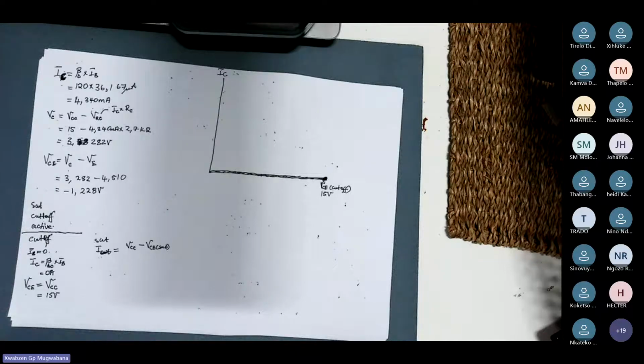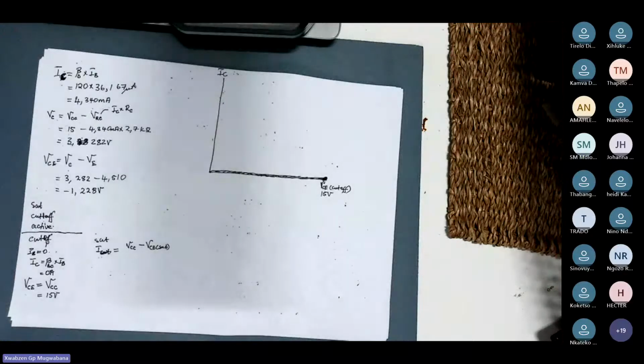Now, saturation will exist before the diode starts generating 0.7 volts, because that is where the voltage will be. That is when your transistor will act as an amplifier, which means before it gets to that 0.7 volts, your transistor will remain at saturation.